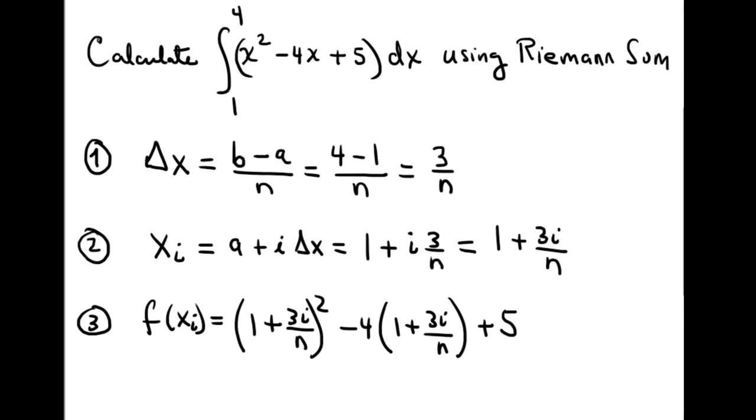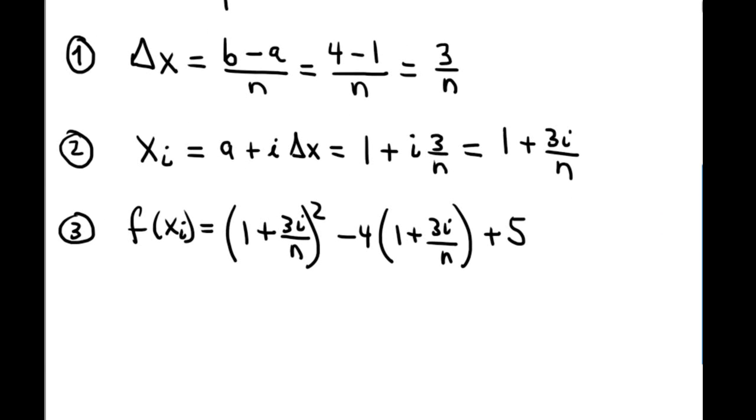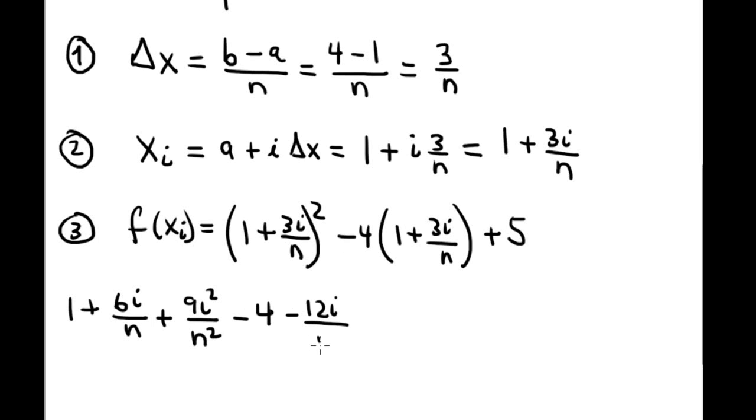Okay, now basic algebra. FOIL, or quick FOIL here, is 1 plus 6i over n plus 9i squared over n squared, minus, distributing the property here, 4 minus 12i over n plus 5.